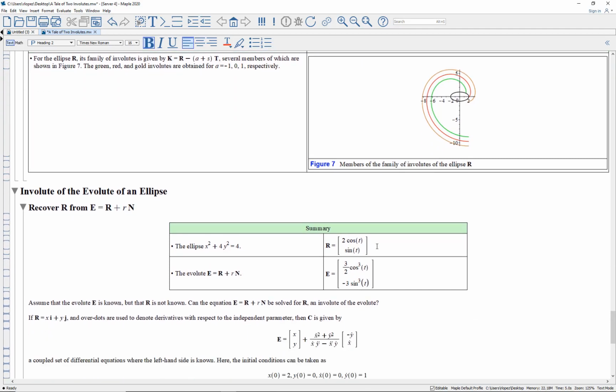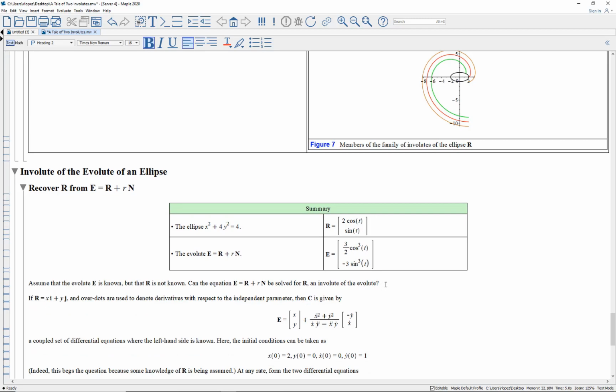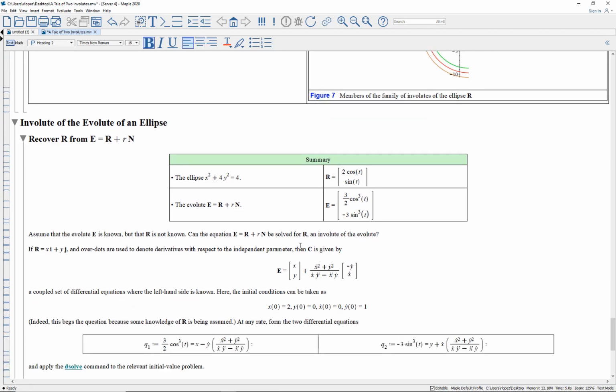Here is the ellipse. This is the evolute. Can you, knowing the expression for E, that's this vector, reconstruct from this formula what R was?